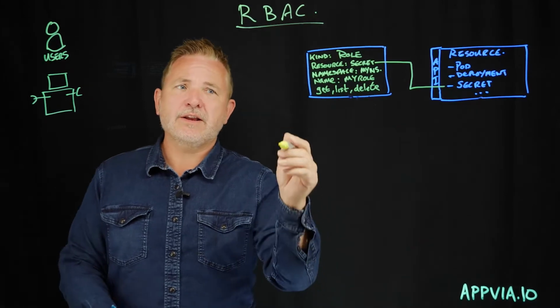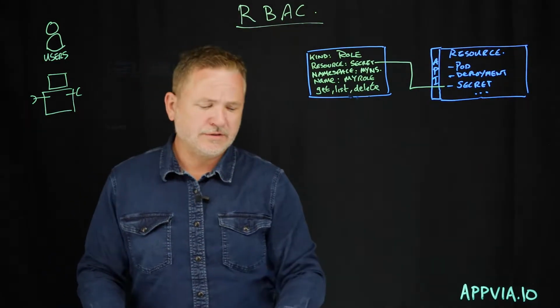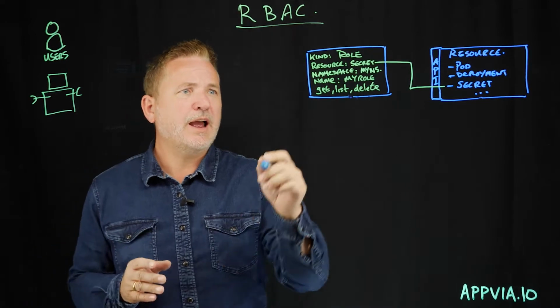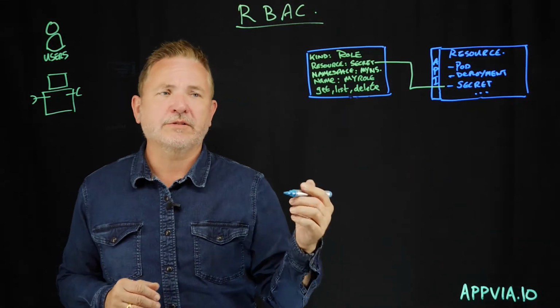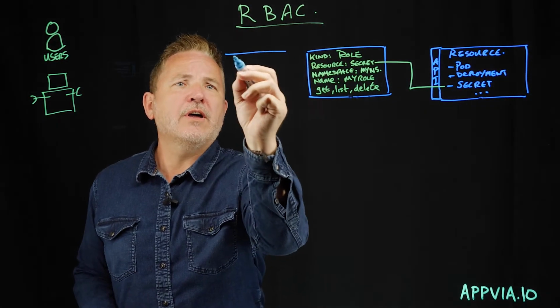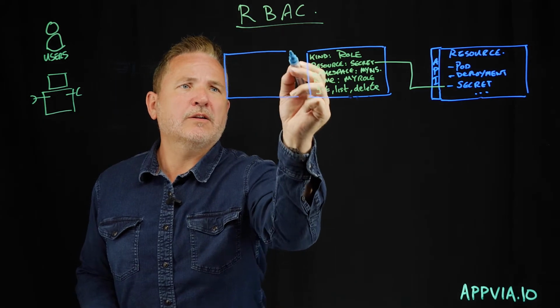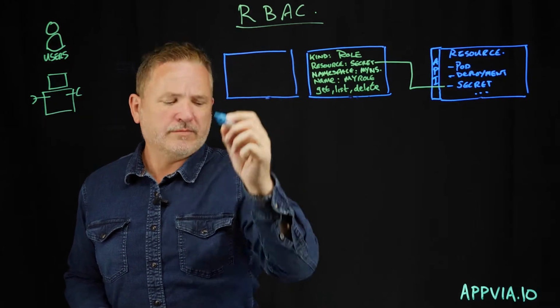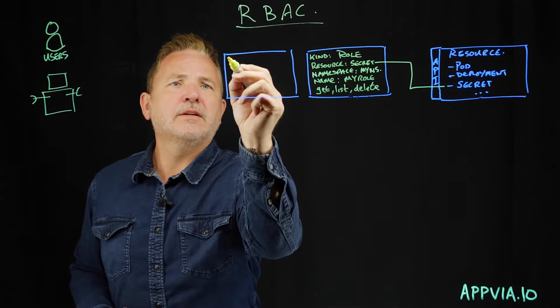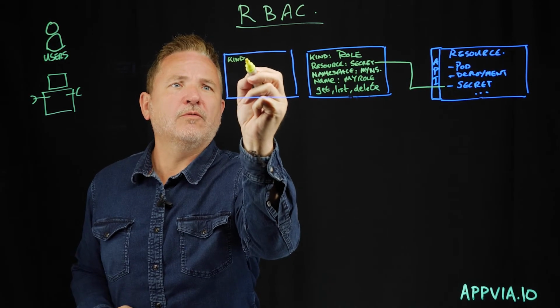So now I need to connect my role to my users. So how do I give a user access to this role to be able to look at secrets? So we have another construct in Kubernetes RBAC called a role binding. So it's got a kind of role binding.